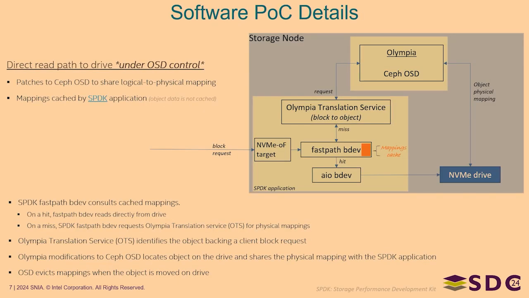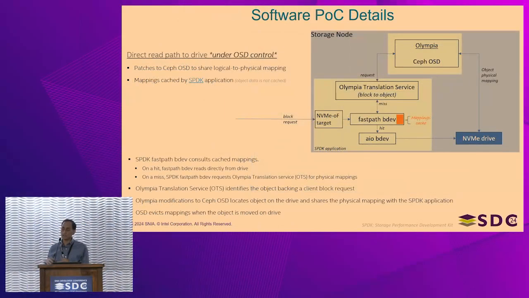Okay, so now this is a picture of the modules or components inside the storage target server where Ceph is running. I'll talk about what changes we did or what we've added here. On the top, in Ceph itself, we've added some patches to share the logical to physical mapping. Ceph has a layer called BlueStore, which takes care of all the block mappings and handles all of that internally.